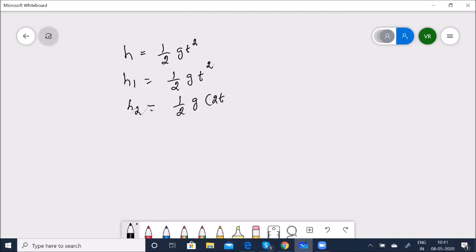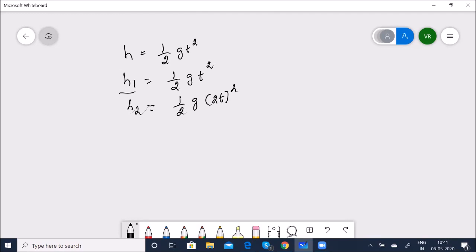Let us now go to this question. Now I told you whenever the object is under free fall, then h is given by half gt squared. So h1 is equal to half gt squared, and h2 will be, it is 2 times the time, he says, so half g into 2t the whole square.